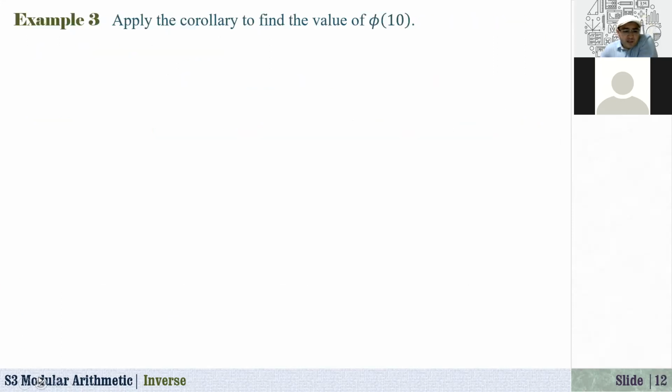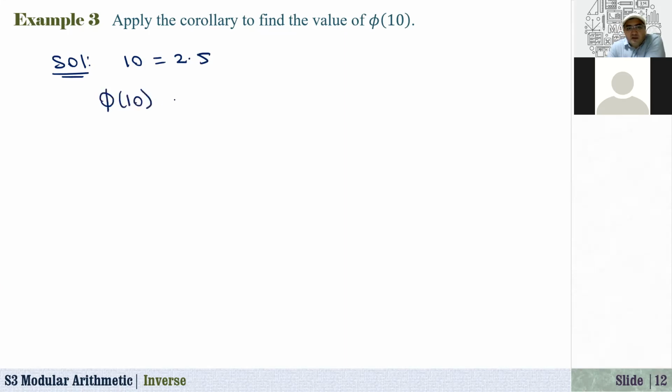Example: apply the corollary to find the value of phi of 10. Solution. Here this 10, we can just write it as 2 times 5. Now what is phi of 10 then?